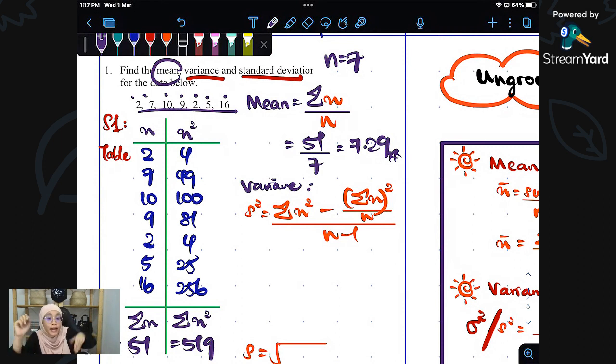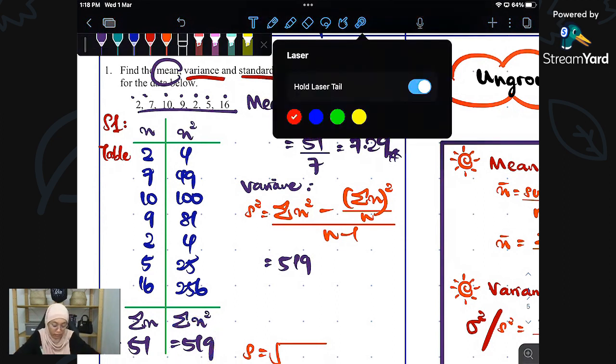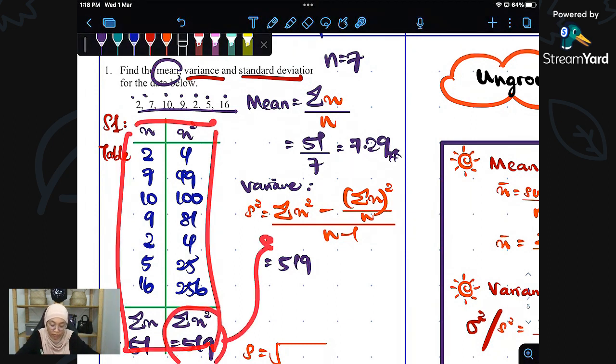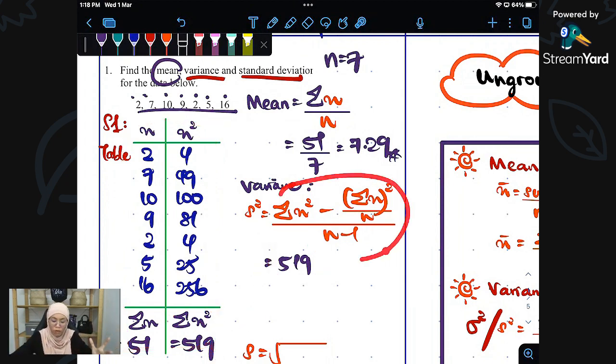So now we already have our summation of x squared. All you have to do is just sub in the value from the table itself, from here. So you already made it easier for yourself with this table. You know that the two columns are enough to sub in the 519 here directly without doing so much work in this formula.